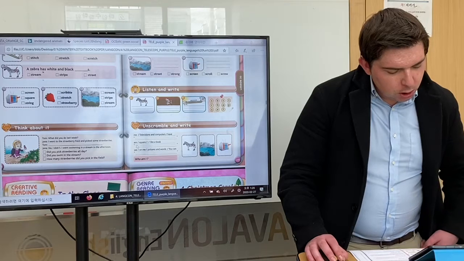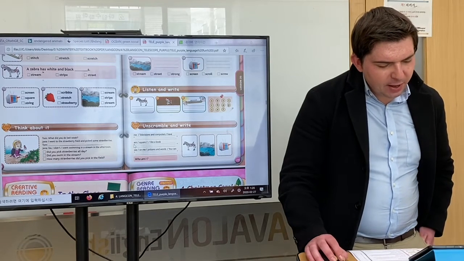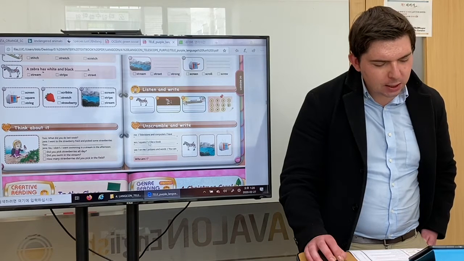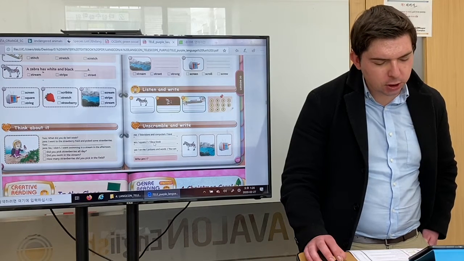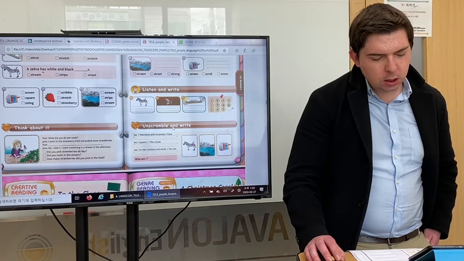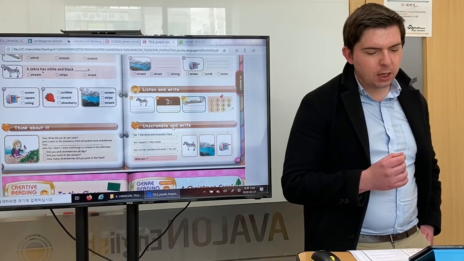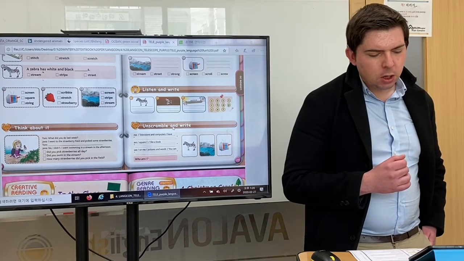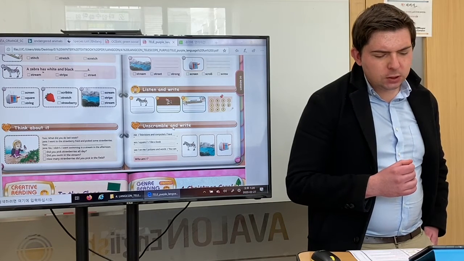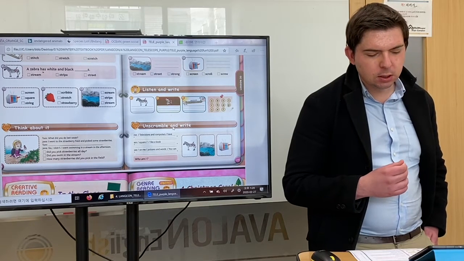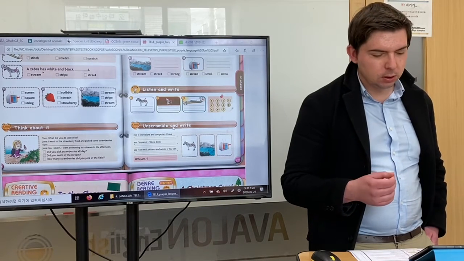Okay. So the next one we have am, square, I, like a book. What would that be? Which of the words? Screen.